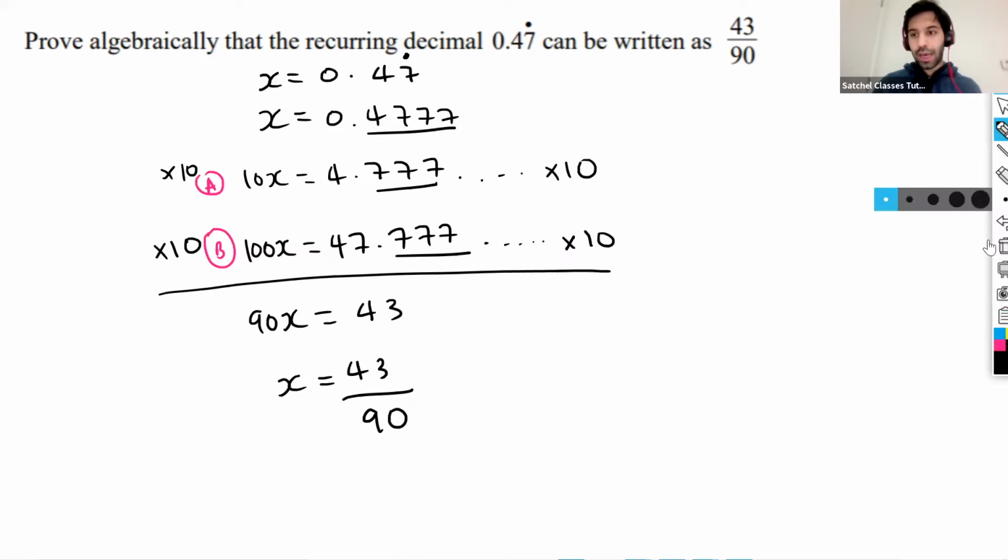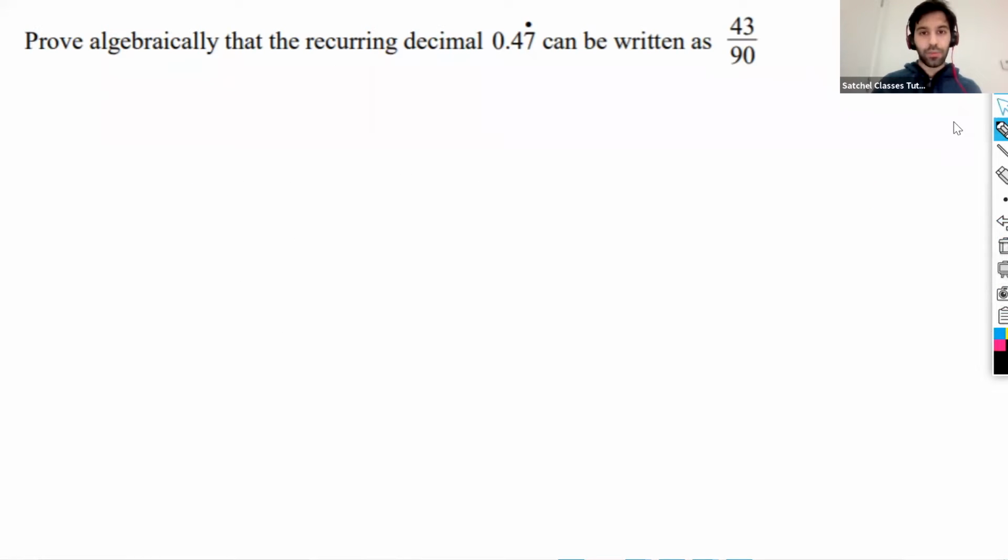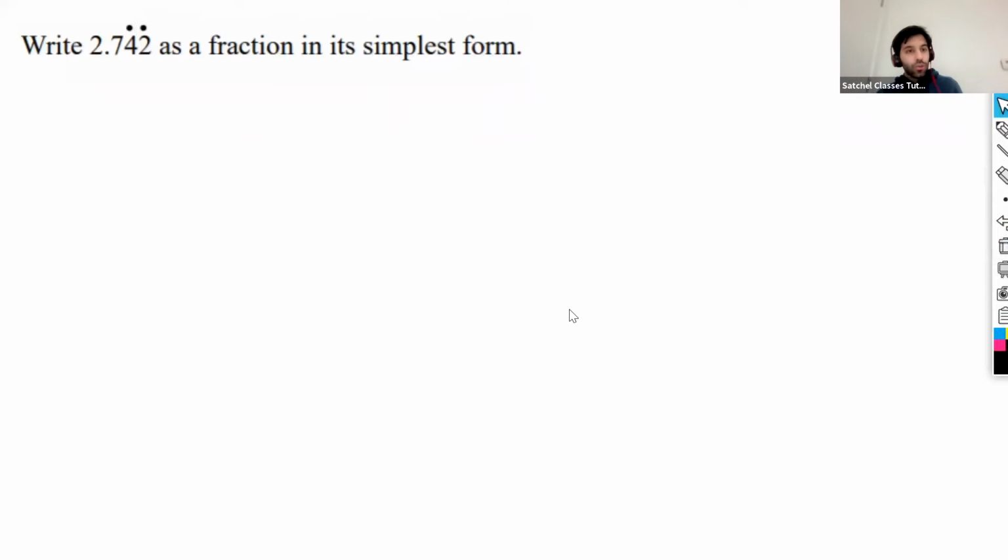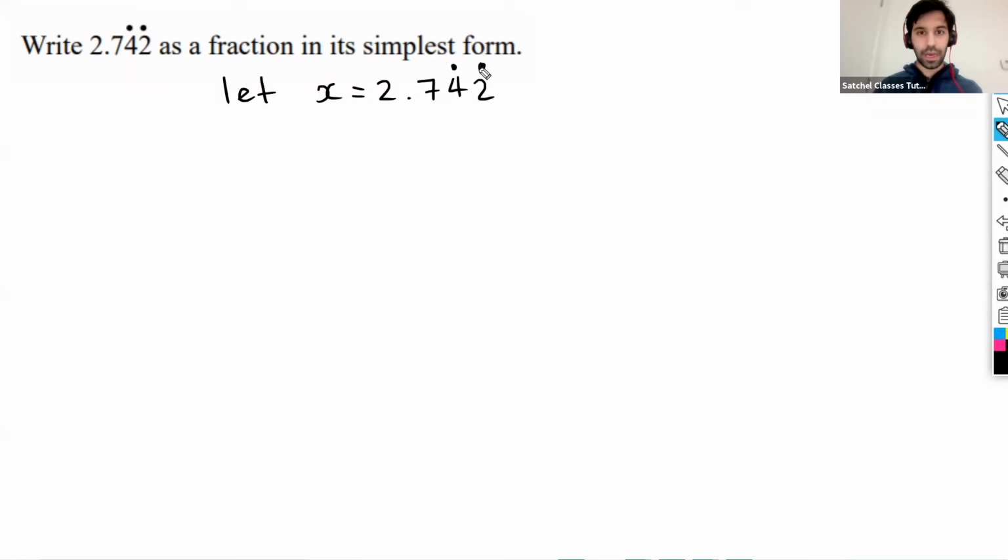All right, and let's do one more example. It says write 2.742 as a fraction in its simplest form. Now it's slightly trickier because we've got more numbers after the decimal and we've got two recurring digits. So let x be equal to 2.742, where the dot is above the 4 and the 2.